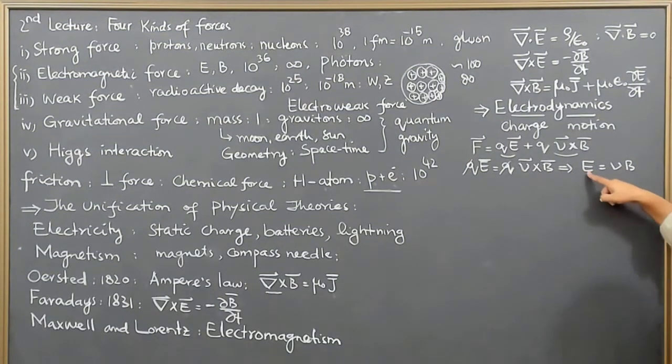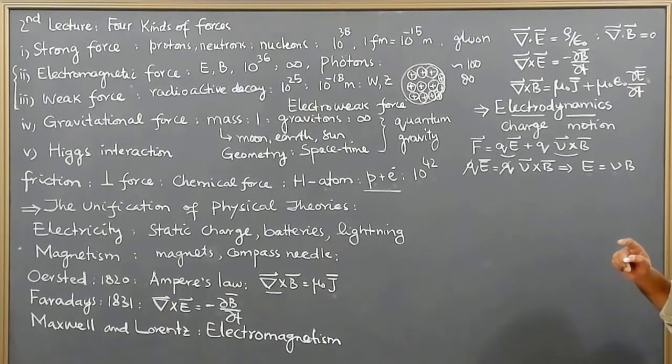So the only difference between the electric field and the magnetic field is the speed, is the motion. So electric field is just equal to V times B, where V is the velocity, the motion of the charge involved here, which is causing things to be seen as electric or magnetic.